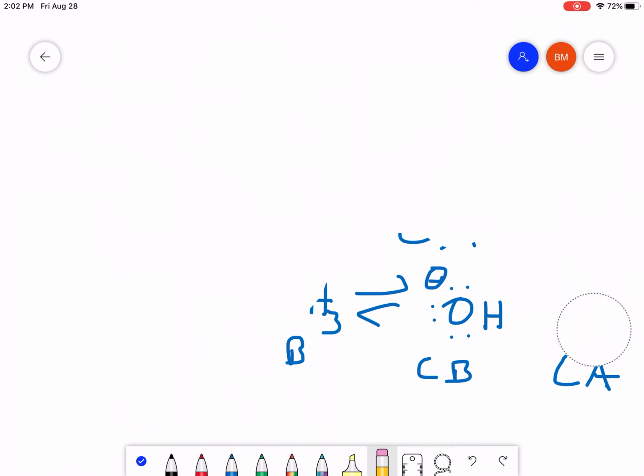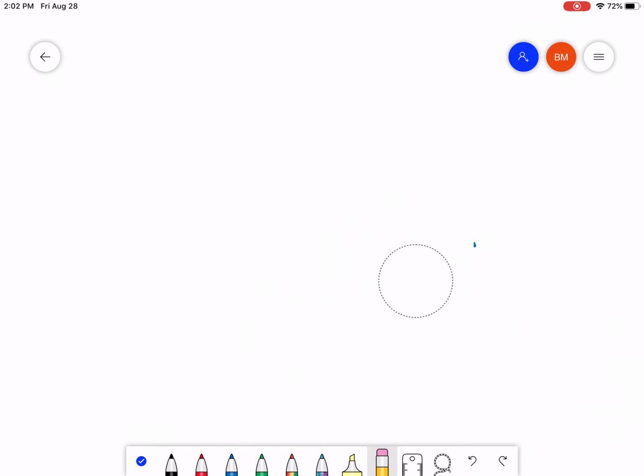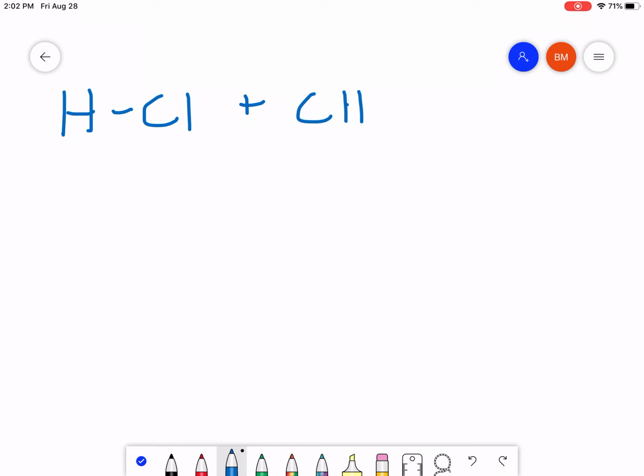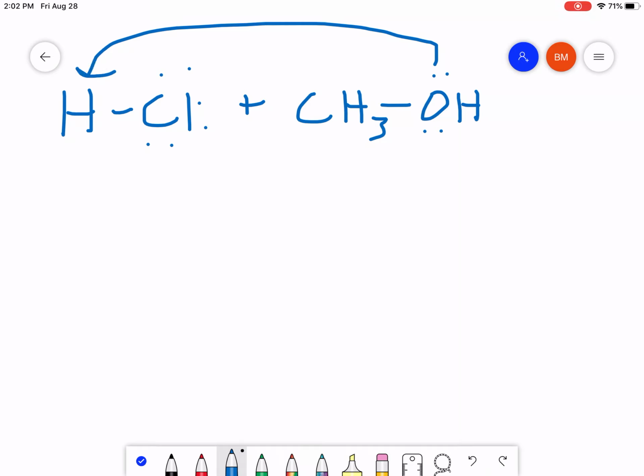Let me show you another example here. We could have HCl, hydrochloric acid, reacting with CH3OH. Same thing, right? HCl is going to be the acid, so it's going to give up its proton. It's going to give it up to the oxygen in the second molecule by using a pair of electrons.